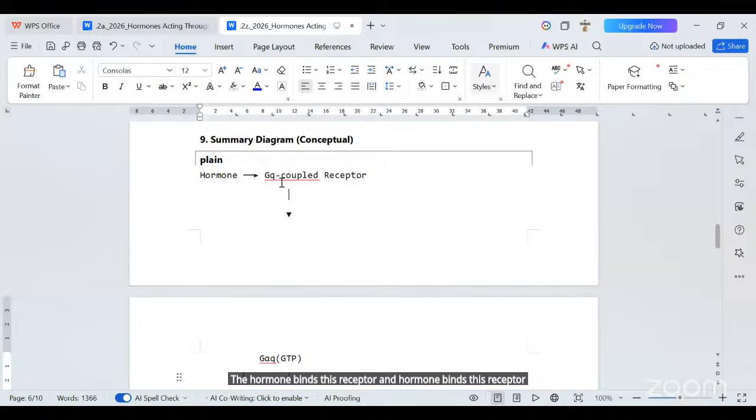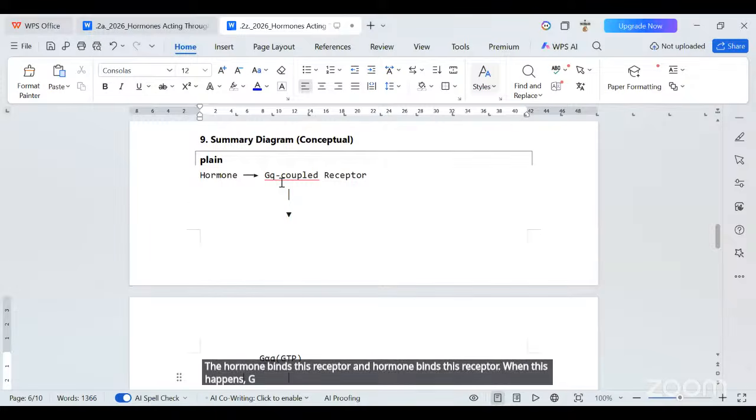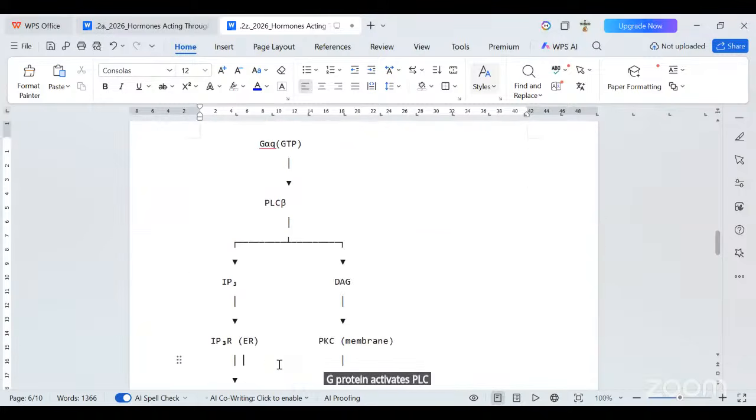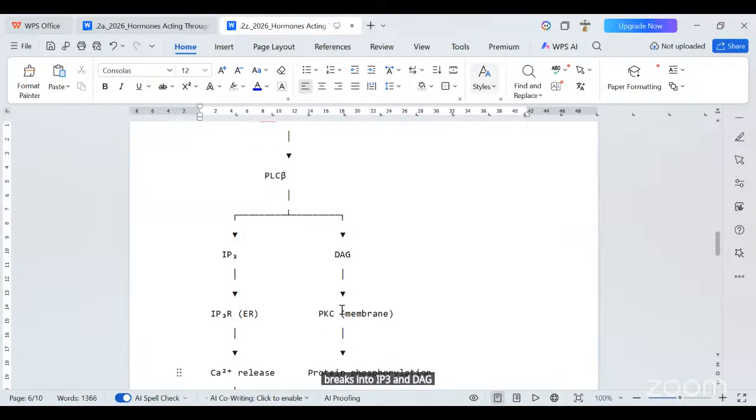When this happens, G protein is activated, and in a series of reactions, G protein activates PLC beta. PLC beta breaks into IP3 and DAG.